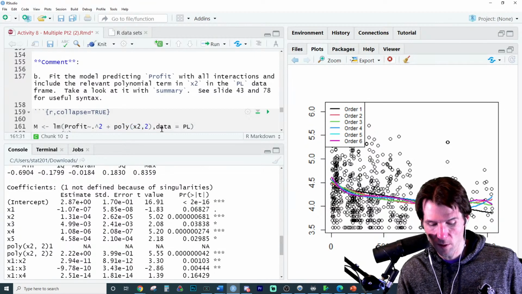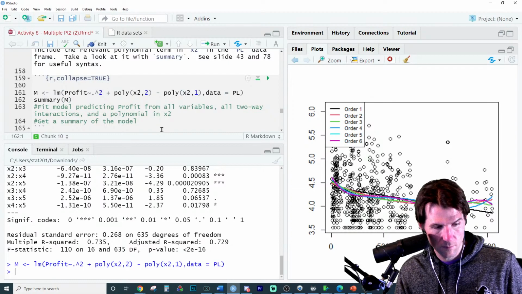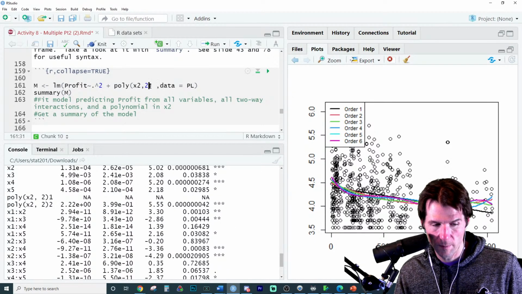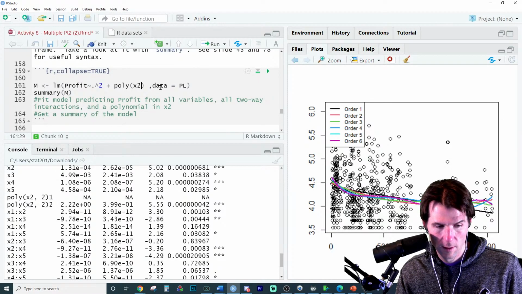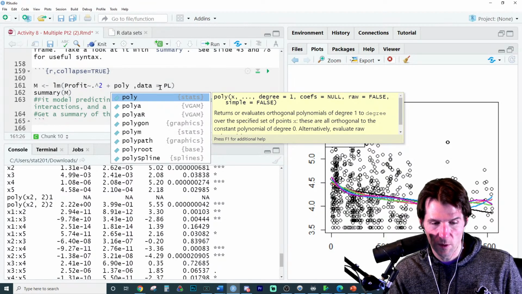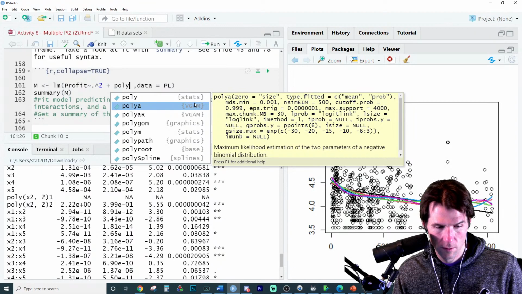I wonder if this will fix the output. Nope, still doing that. Let me see if I can do a not carry model hierarchy. Poly, coefficients raw, simple false. What does simple do?